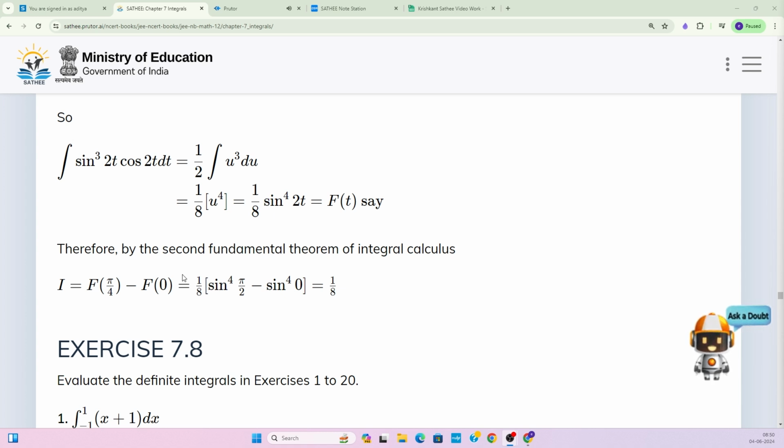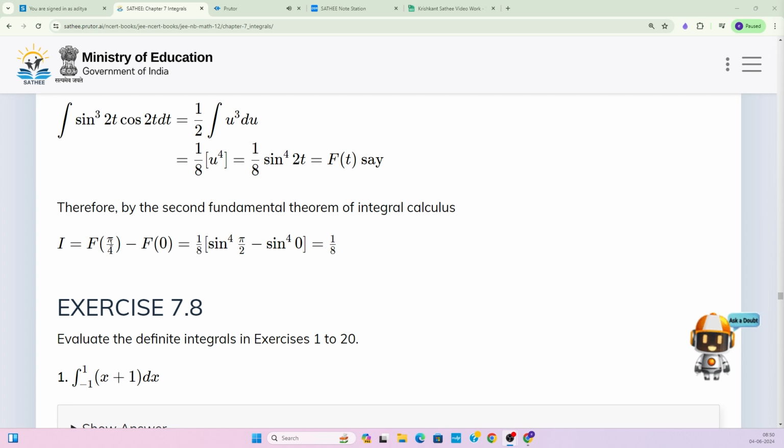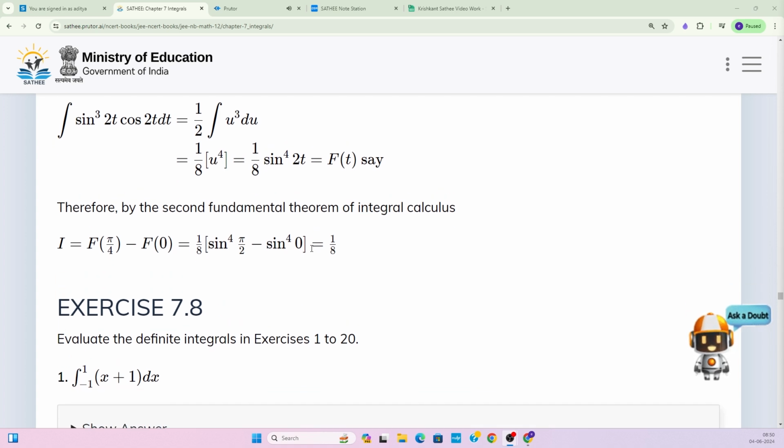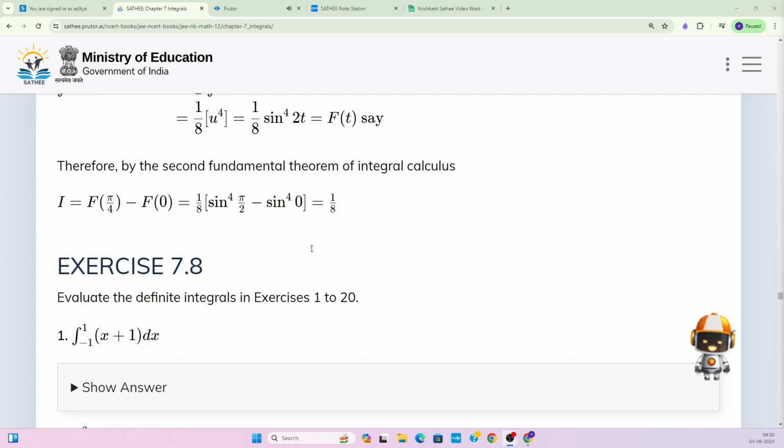Okay, now the second fundamental theorem we will be applying, and using that you will get capital F of pi by 4 minus capital F of 0, which means 1 by 8 into sin 4 pi by 2 minus sin 4 0, which is equal to 1 by 8. Okay, simple.